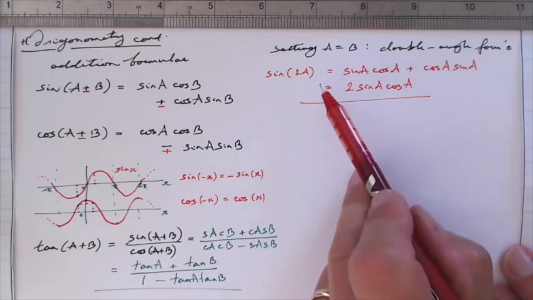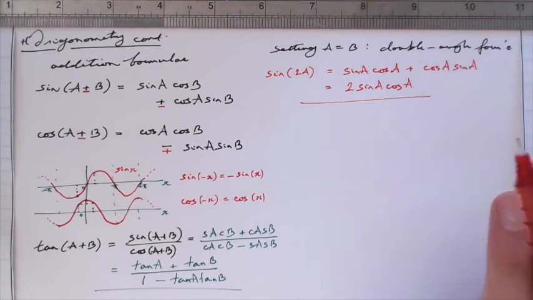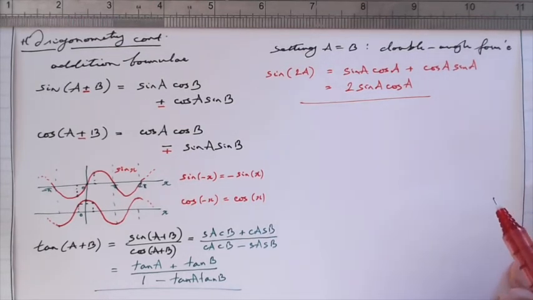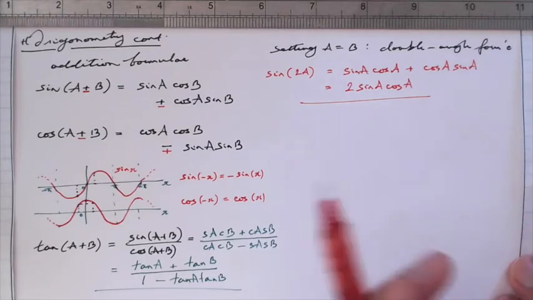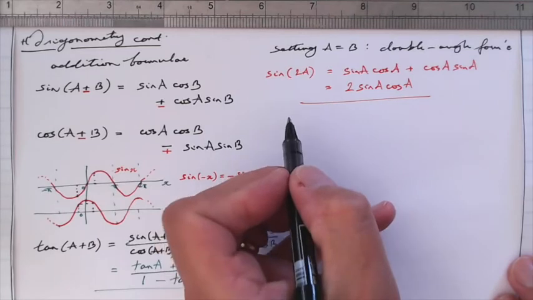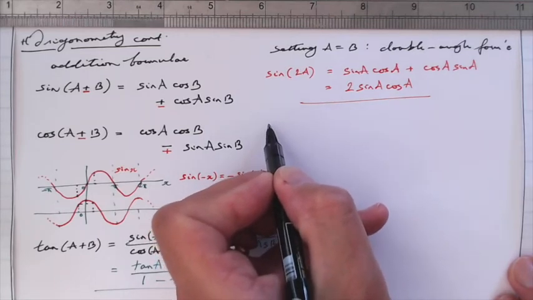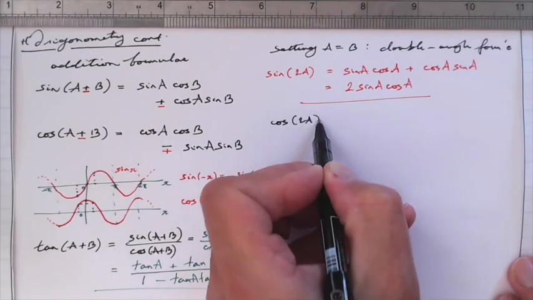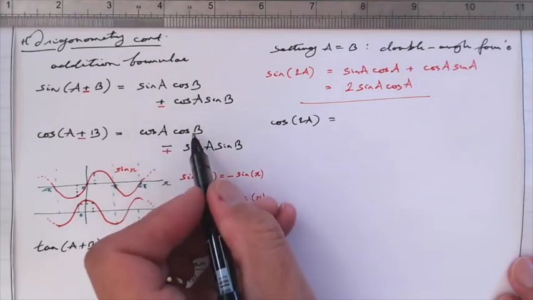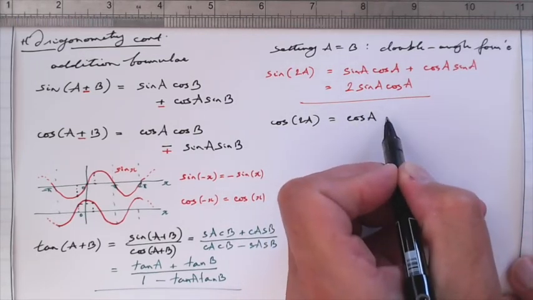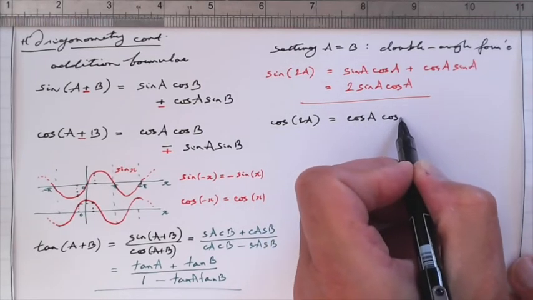Now, for sine, this is the double angle formula. It will turn out for cosine that we have 3 different forms of the double angle formula. And so let me just show you those right now. So setting a equal to b in the cos addition formula, I have on the left-hand side cosine of 2a, and then I have cos a times cosine of b. b is a, so this is cos a.